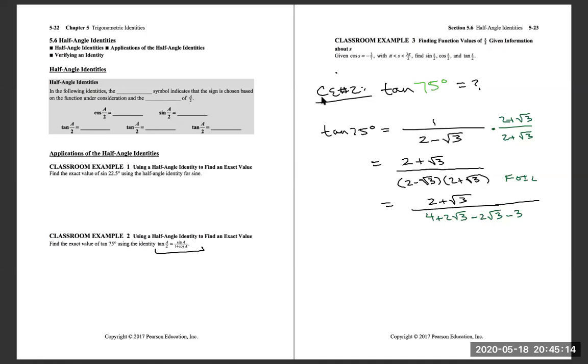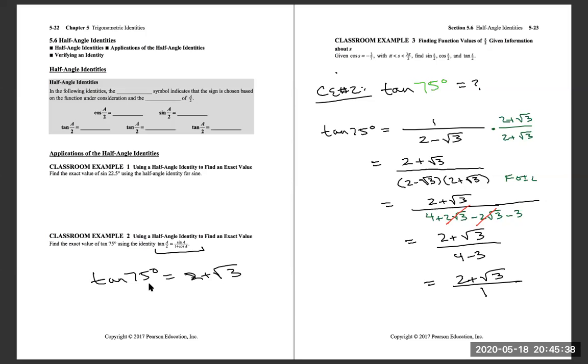What happens here? You get rid of the radical terms. So you have 2 plus root 3 divided by 4 minus 3, and 4 minus 3 is just 1. So tangent of 75 degrees is equal to 2 plus root 3.